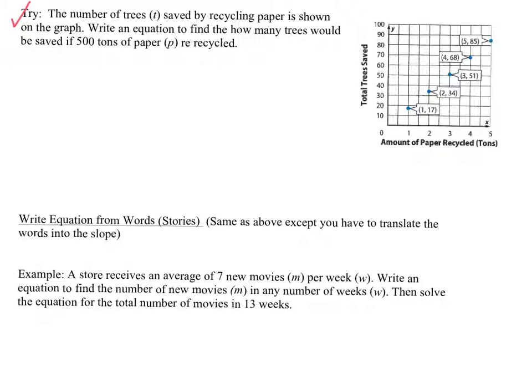In this problem, we're going to try to find out how many trees would be saved if 500 tons of paper were recycled. We begin by using the slope-intercept formula, y equals mx, but the plus b, we don't have a y-intercept, so we have 0 there. We begin to write the equation, we need to calculate m. And for the calculation of m, I'm going to use these 2 points because they're easy.